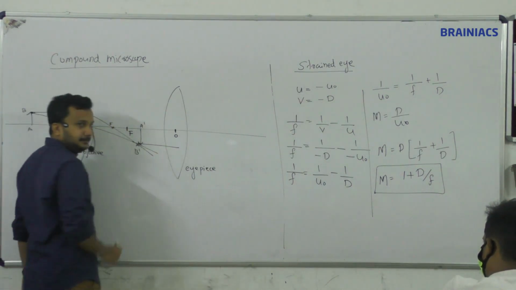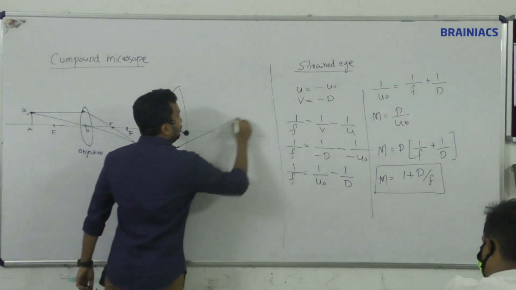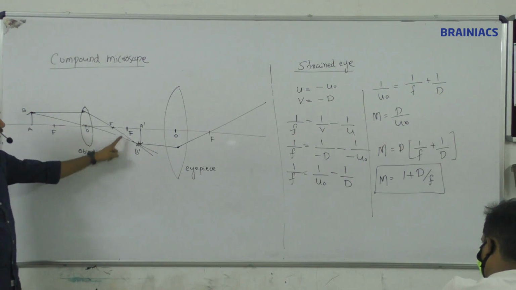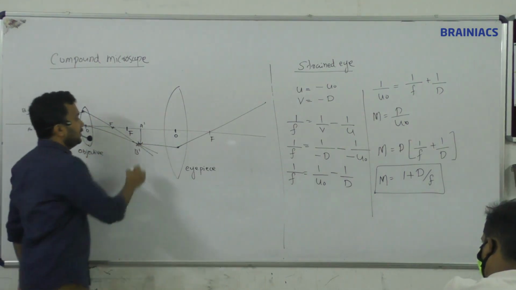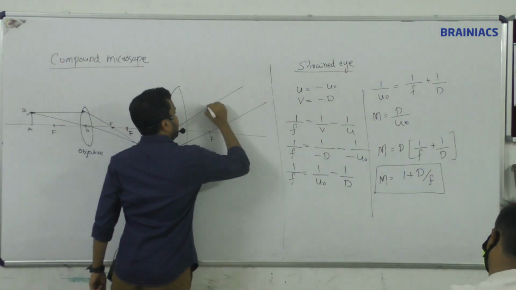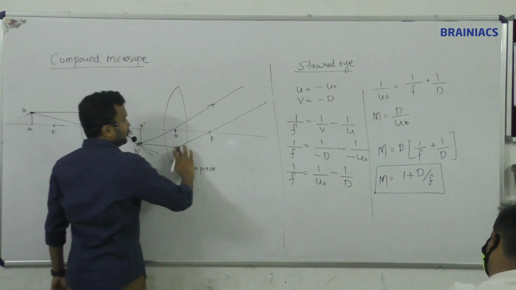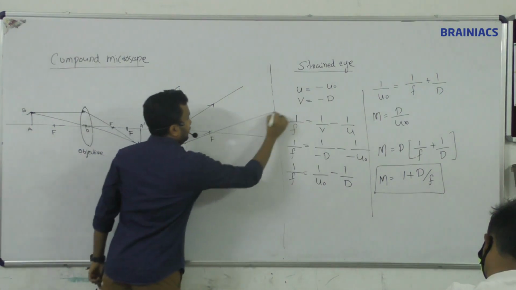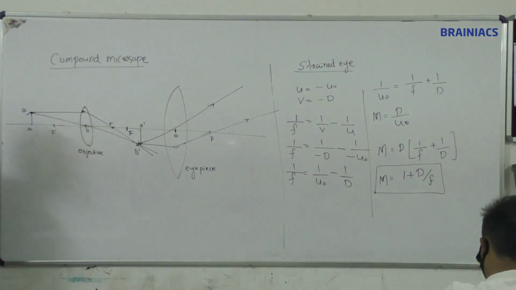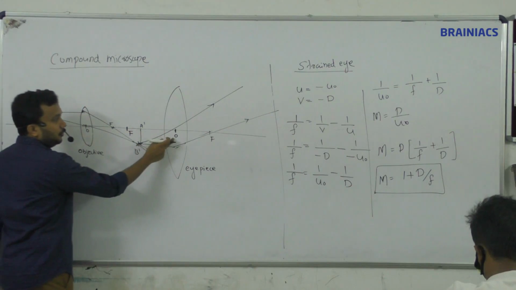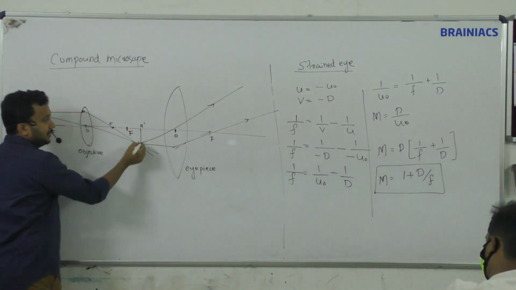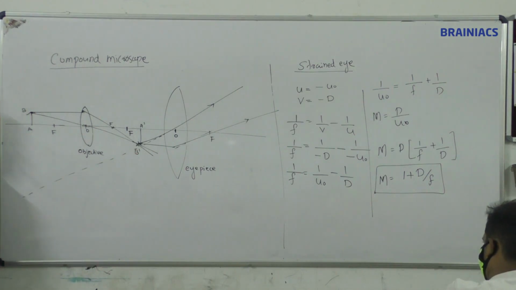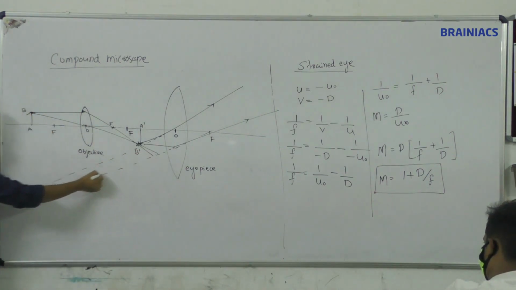So a parallel ray passes through the focus like this. The next one is between focus and optical center, so it is a diverging ray. Both should be diverging like this, because the object is placed between optical center and F. We extend these two lines.